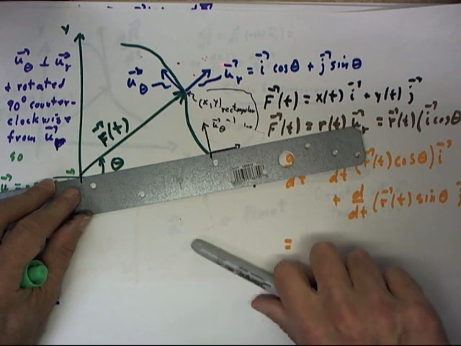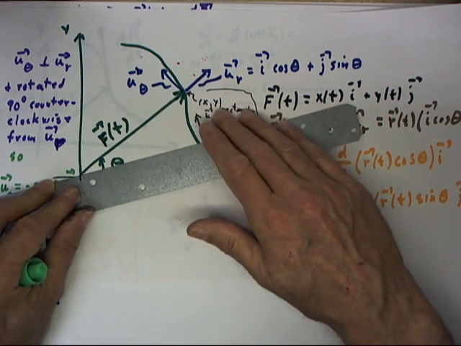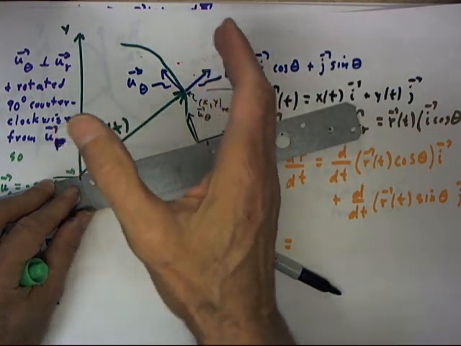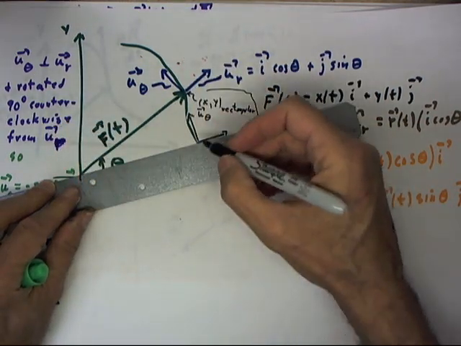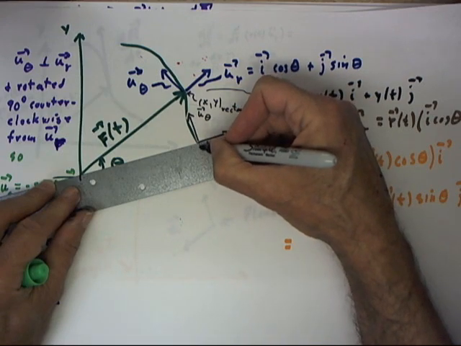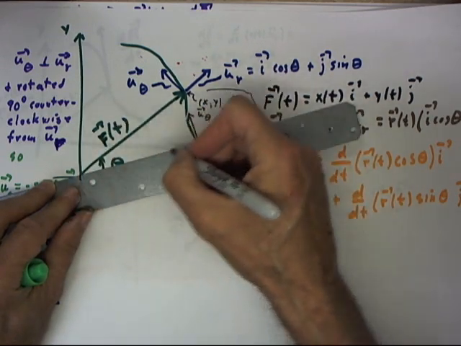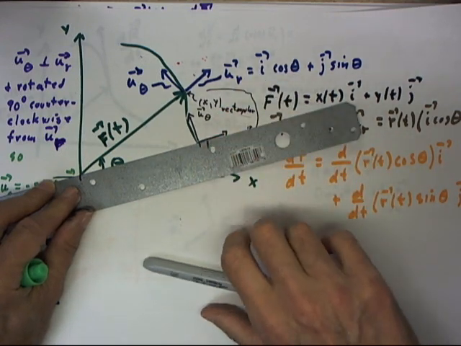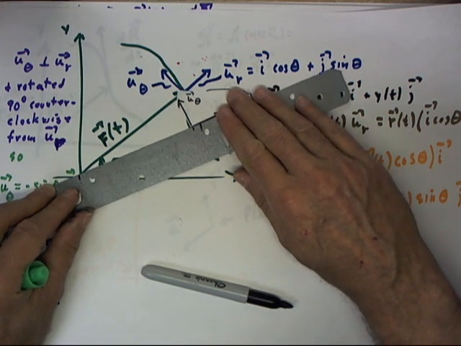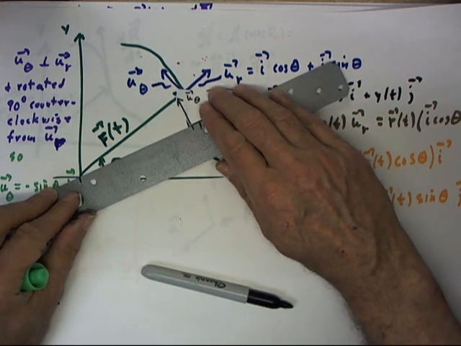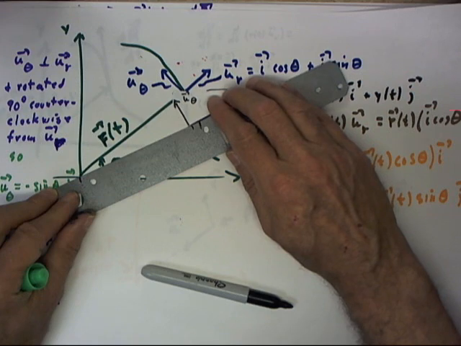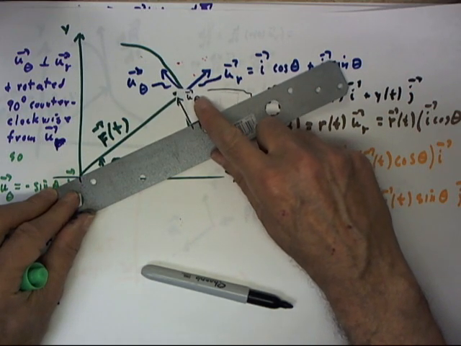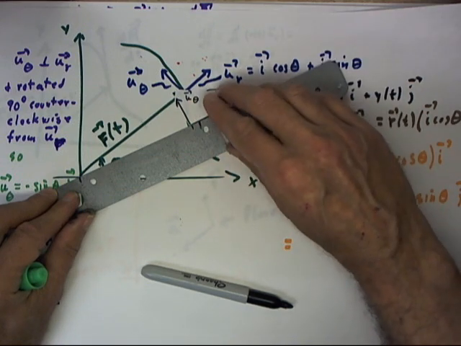Now, if I rotate a little bit, then the u r vector and u theta vectors rotate a little bit. I notice that the r vector, the distance from the origin, has gotten shorter. I started here, and now I'm here. Now, if I continue to change theta, I see that again I've got to rotate the u r and u theta vectors a little bit, and I've got to pull them in just a little closer to the origin.